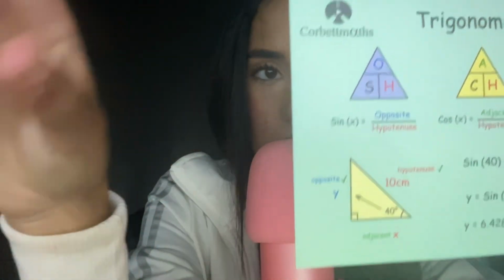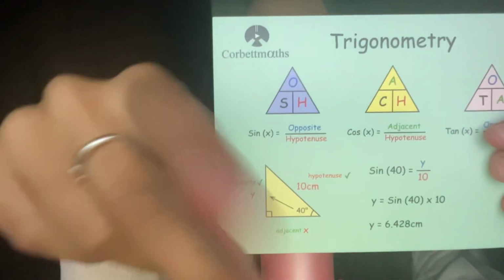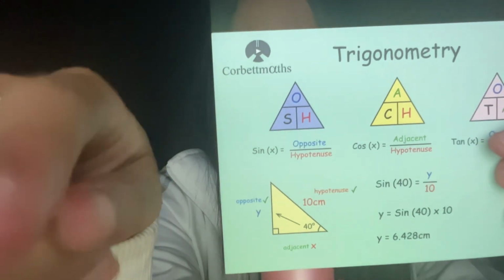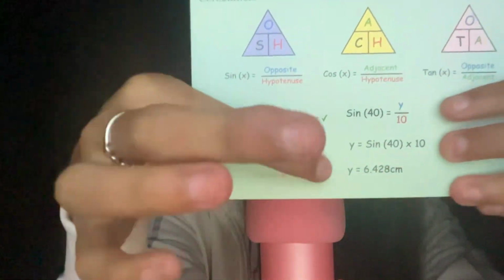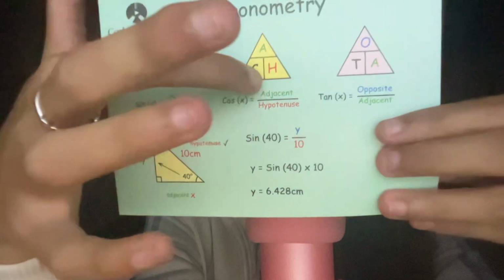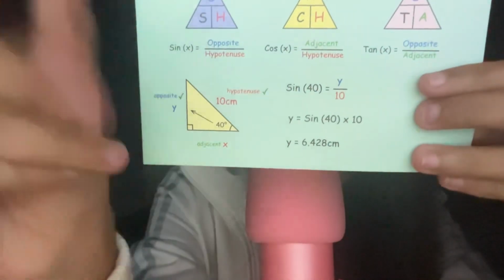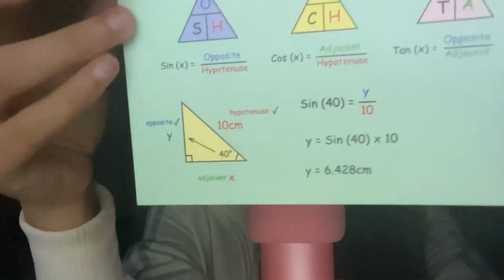Sin, OH, so sine is the opposite over the hypotenuse. The opposite is here. This is the adjacent, and this is the hypotenuse. Cos is A over H. Toa is O over A. SOHCAHTOA.